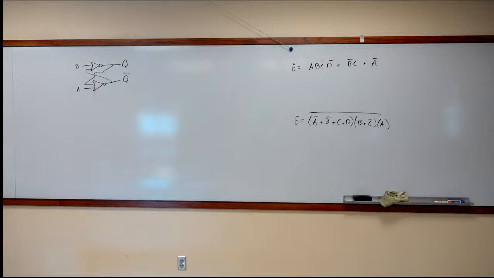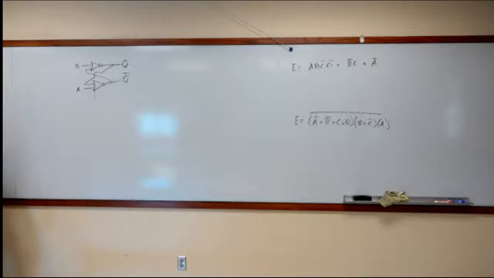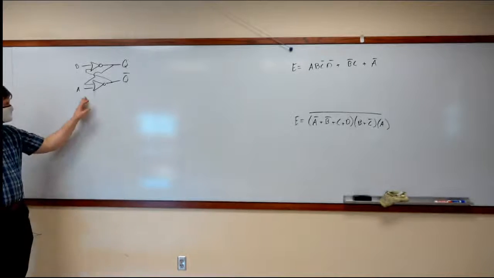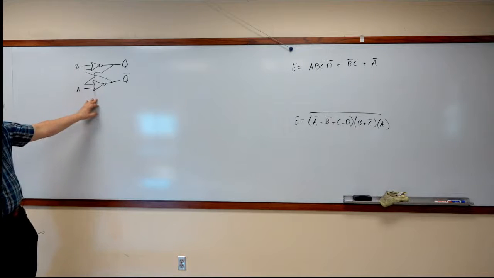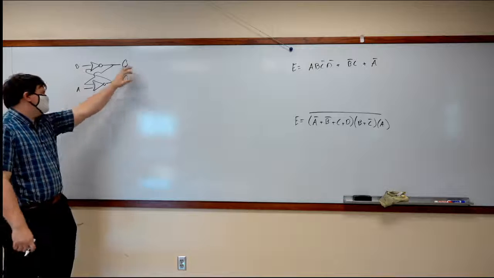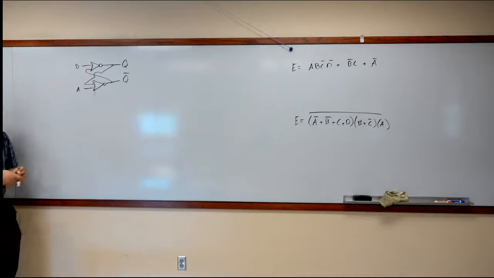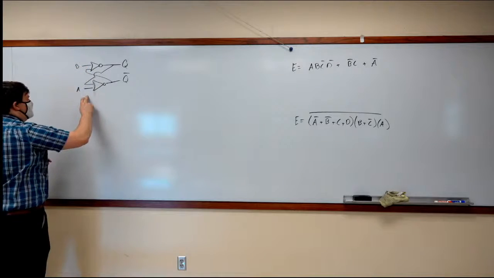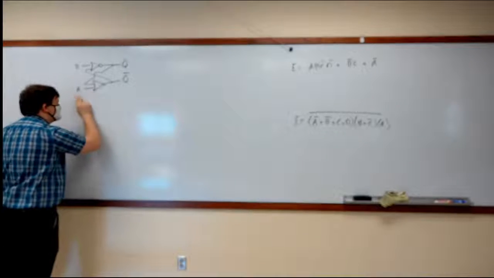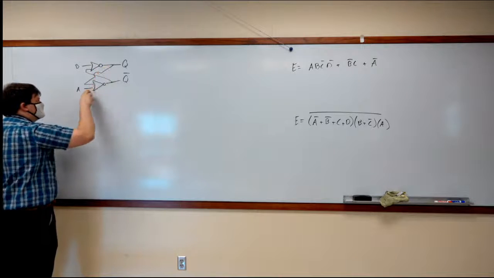Let's draw a truth table. Actually, you know what? Before we draw a truth table, let's play with numbers. So A and B are both 0. 0 is going into a NOR gate. Assume that Q naught and Q, A and B are all 0. Okay? So output of this is 0, output of this is 0. If we're starting with A, both of these outputs are 0 because this is 0, this is 0.